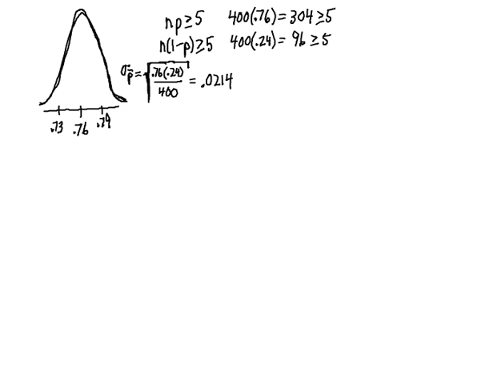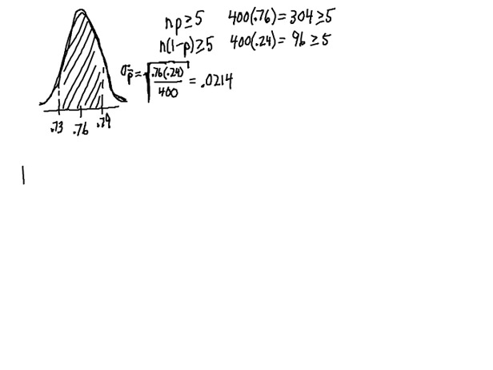Now, to find the probability that a sample proportion taken from a sample of size 400 would fall within 3 percentage points of the 0.76, or somewhere between 0.73 and 0.79, I have to find the area under the density function above the interval. Since the sampling distribution is being modeled by the normal probability density function, I can proceed pretty much the way I have in the past.